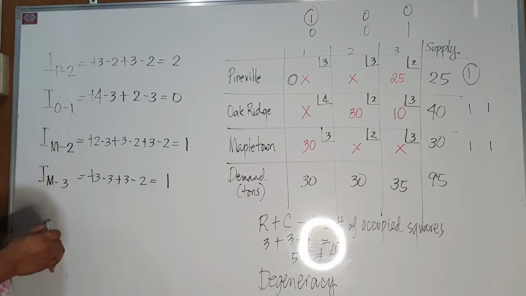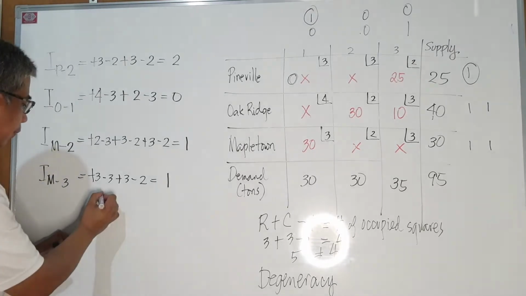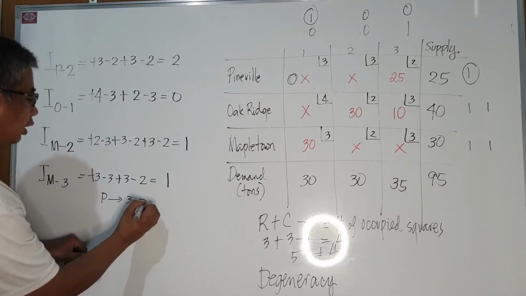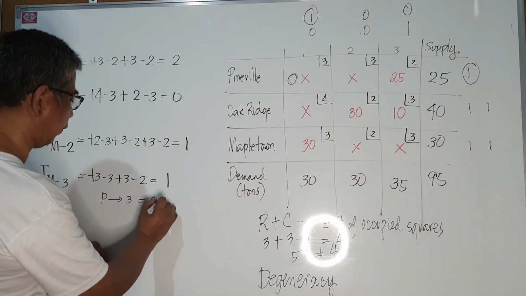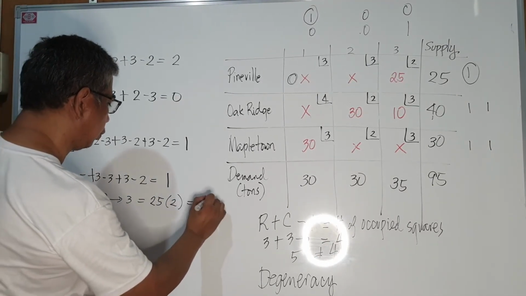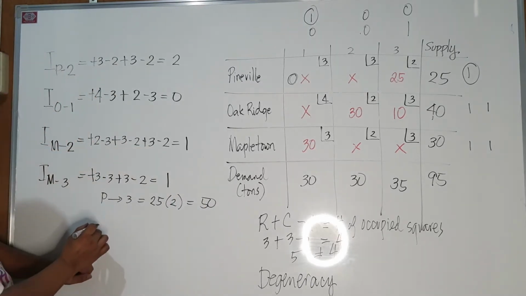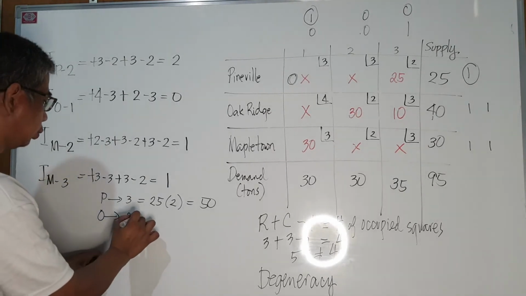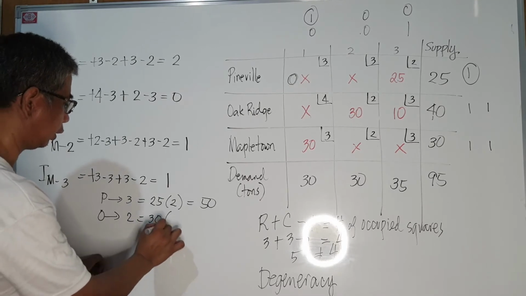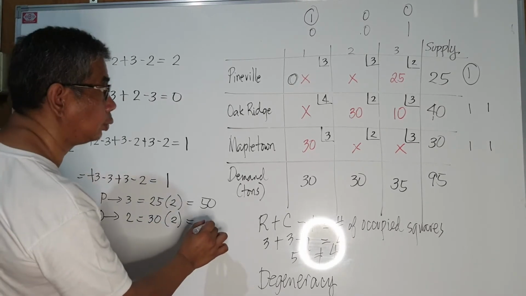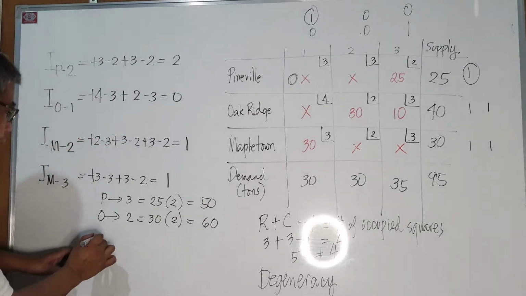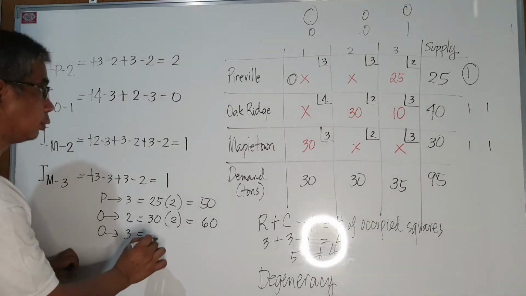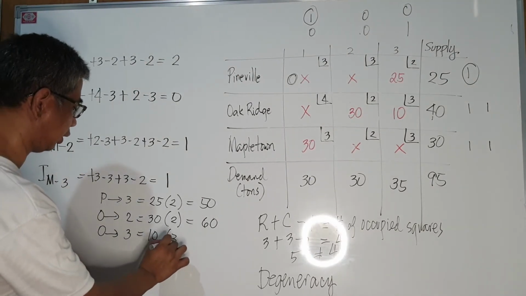So, what is our transportation cost? From Pineville to supply house number 3, that is equal to 25 times 2. Then, from Oak Ridge to supply house 2, we have 30 times 2 is equal to 60. Then, Oak Ridge to supply house 3 is equal to 10 times 3.